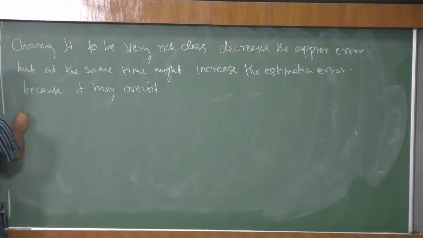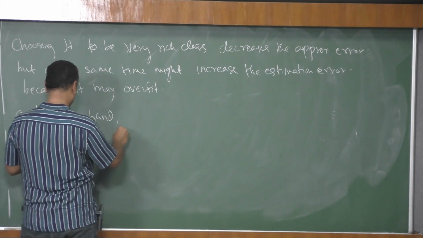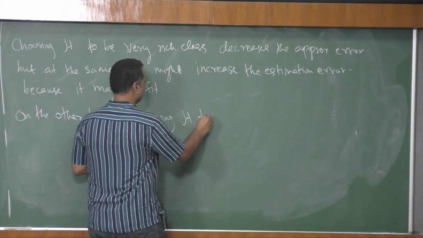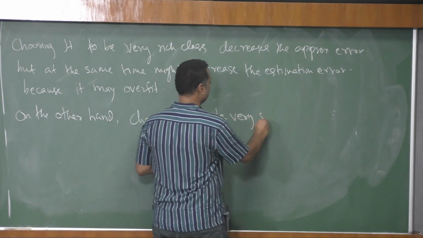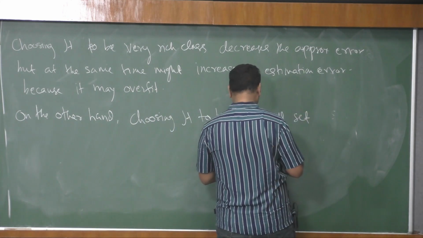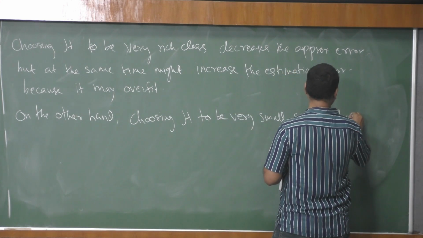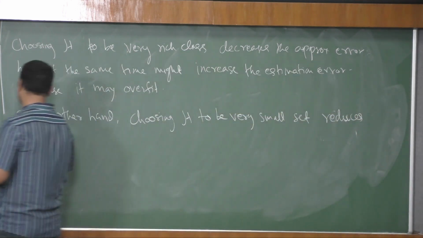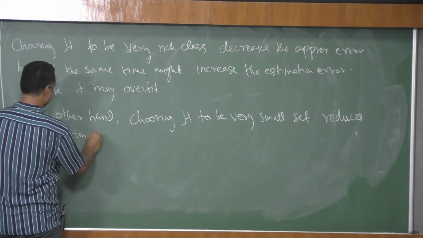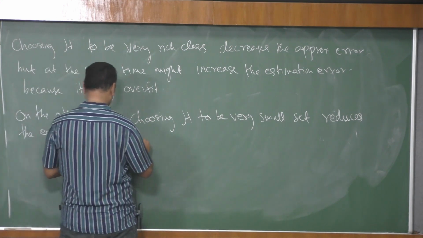On the other hand, choosing H to be a very small set reduces the estimation error. Are you convinced with this? It reduces the estimation error, but might increase the approximation error.